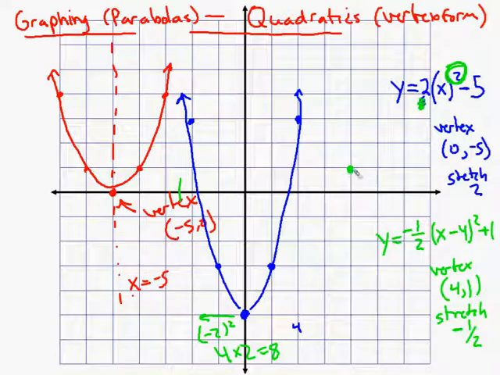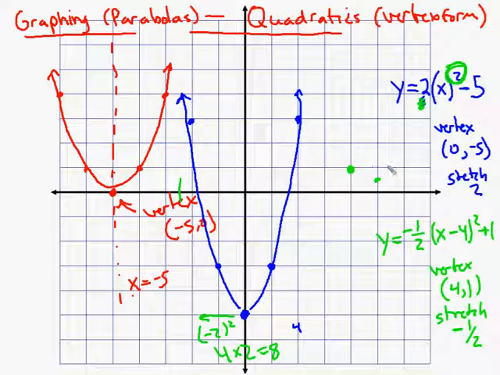And now I pretend like this is my origin. I play pretend. I go right 1. What's 1 squared? 1 squared is 1 times my negative 1/2. So 1 times negative 1/2 is negative 1/2, so I go down 1/2.